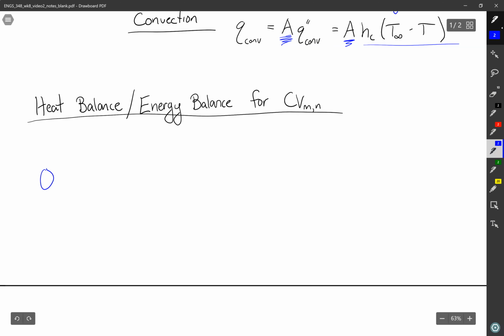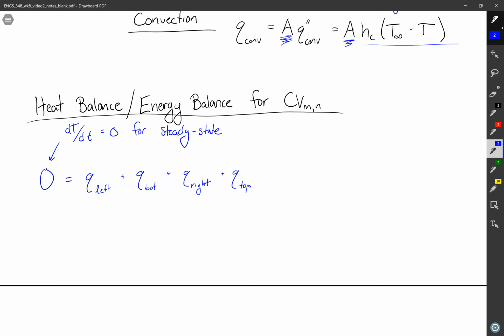We'll look at steady state. So dT/dt equals 0 for steady state. And then that's going to be equal to the Q coming in from the left, plus Q from the bottom, plus Q from the right side, plus Q from the top.